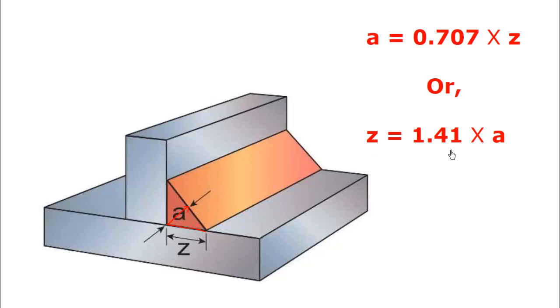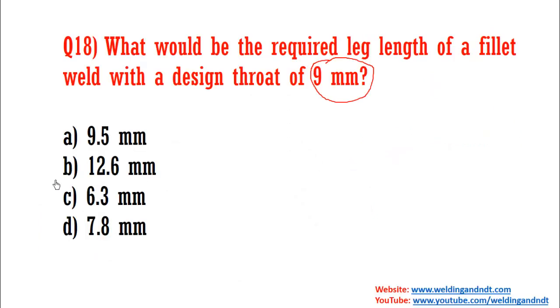In this question they have given the throat, that is 9 mm. So you can calculate Z by multiplying 9 by 1.41. After multiplication it comes to 12.6. So the answer will be B, 12.6.